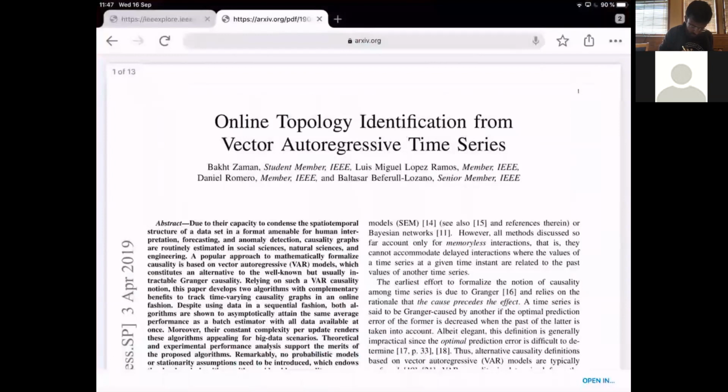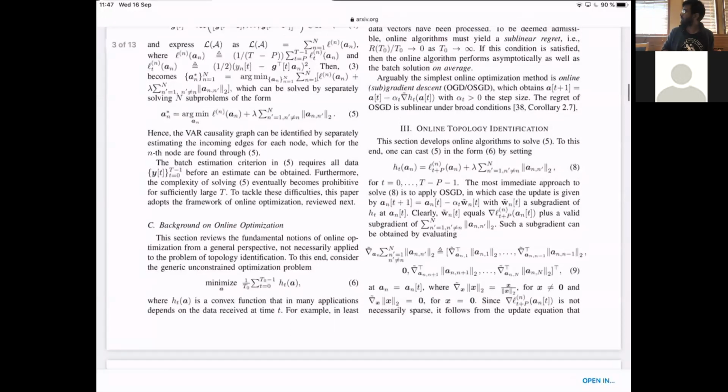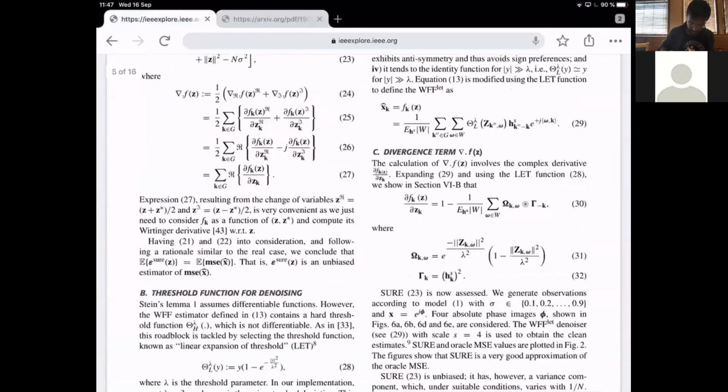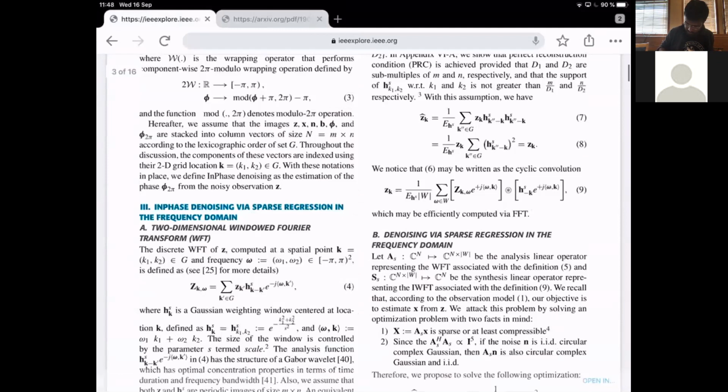Here, if you see, I cannot write on this, sorry. It's not responding. There is a lag, sorry. Here you see equation 5, there is an optimization problem. You are minimizing it. And maybe there is another paper. This is one of my papers from my PhD.